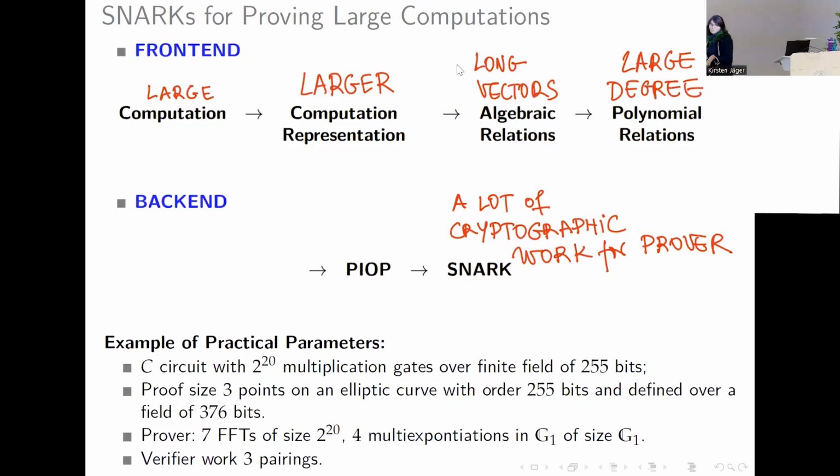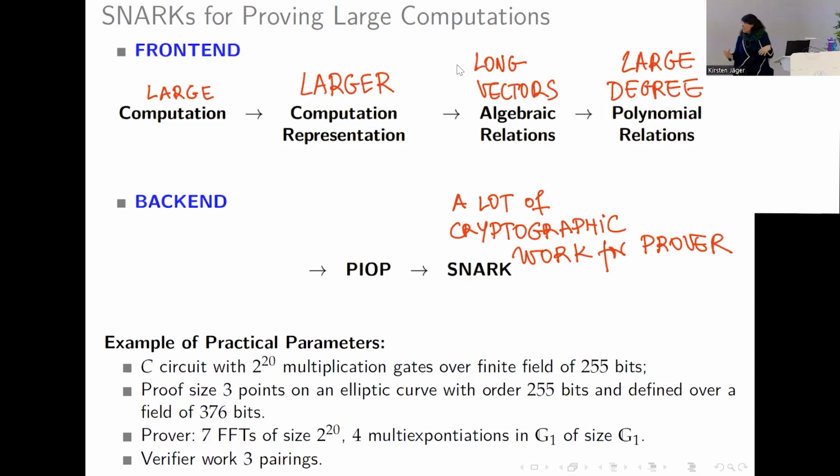And then you will define the circuit over a field with 255 bits. The proof size that you will end up at the end of your SNARK maybe are 3 points on an elliptic curve. That is like a pairing friendly elliptic curve that has around 255 bits of order, and it's defined over a field of 376 bits.